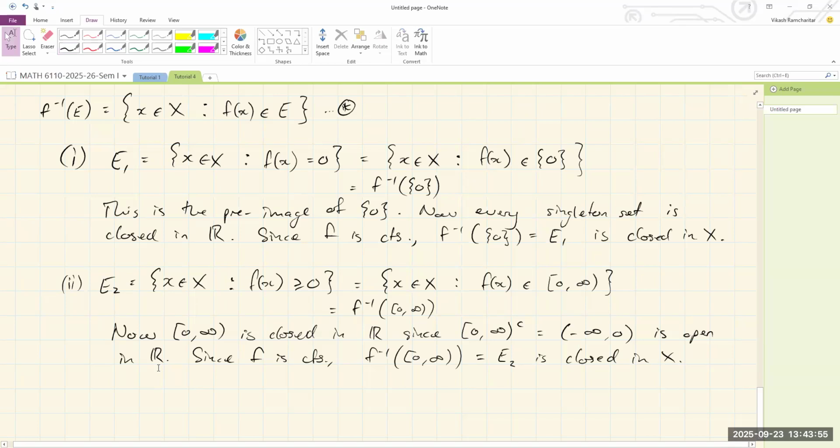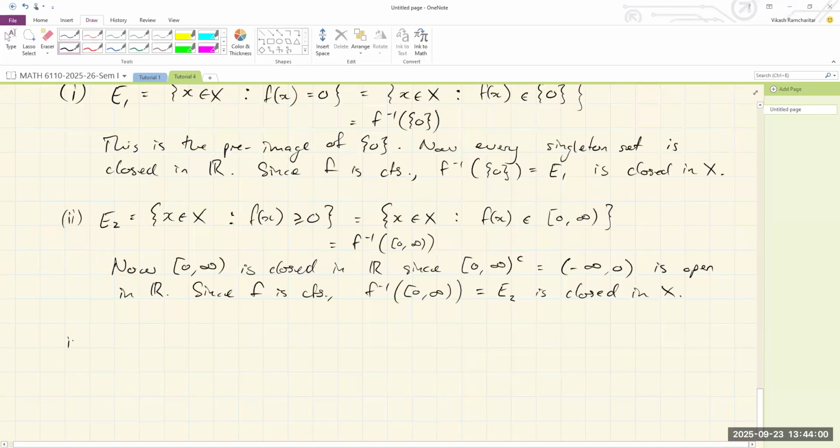Okay. And for E3, E3 is again the set of all points in the domain such that f of x is strictly less than 0. Now again, we can write it in terms of the pre-image of some set.